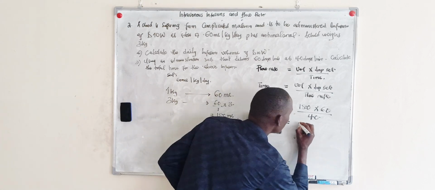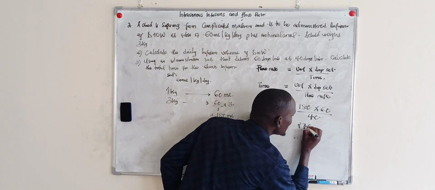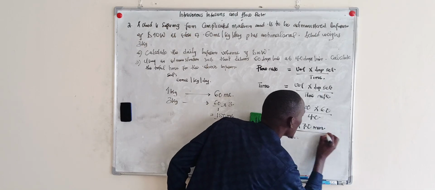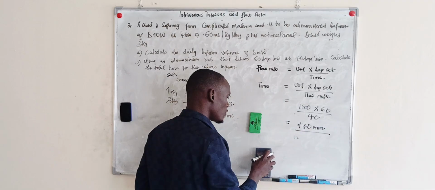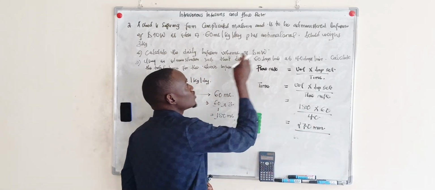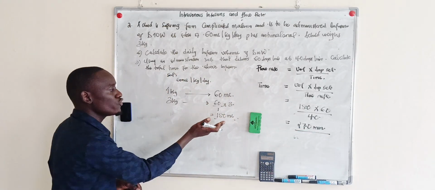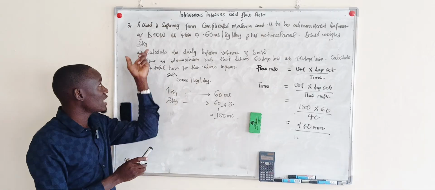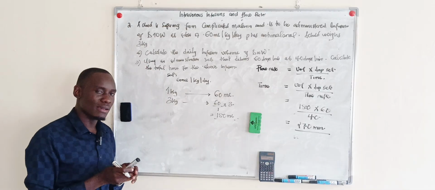We shall have 270 minutes as the amount of time that is required to deliver this volume of 180 ml to our child weighing 3 kilograms.